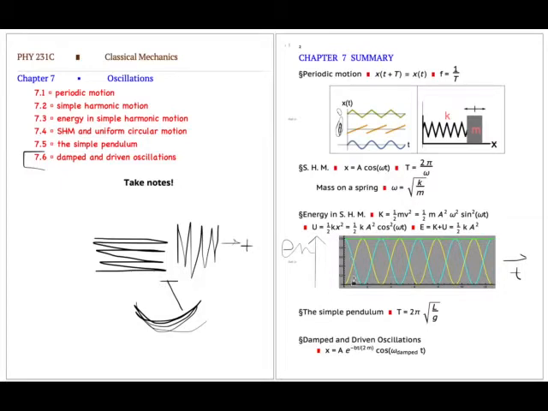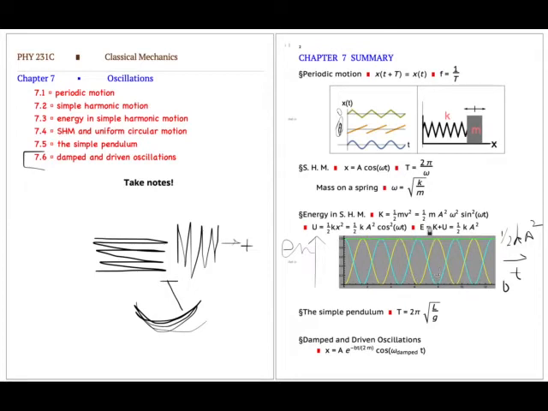It oscillates between 0, so here's 0 energy, to some maximum value, 1/2 k A squared. All right, so the potential energy oscillates back and forth between 0 and a half k A squared.